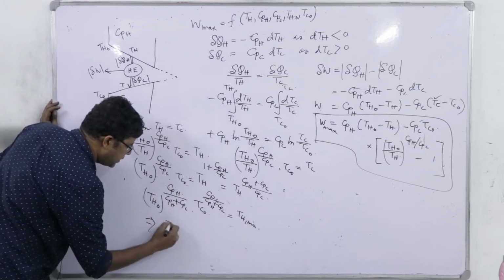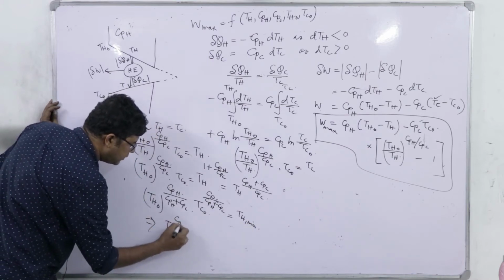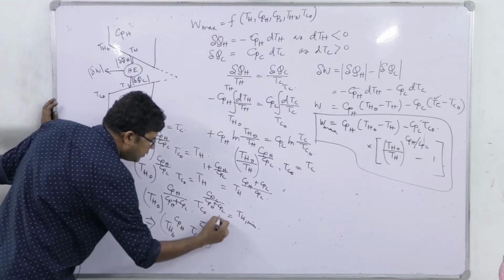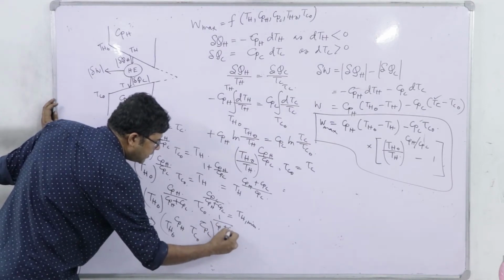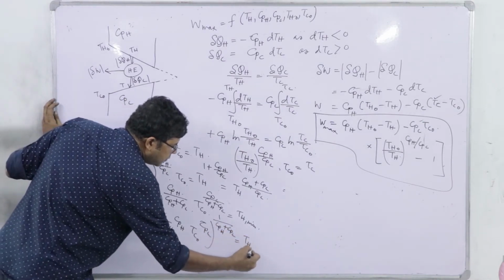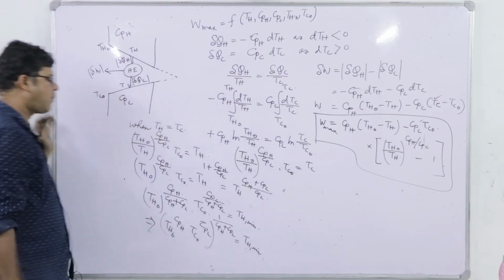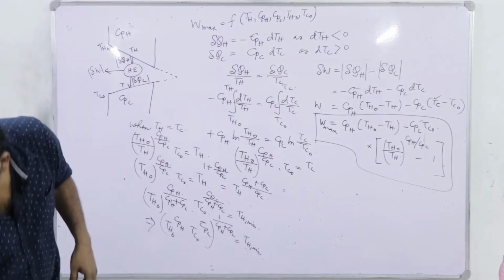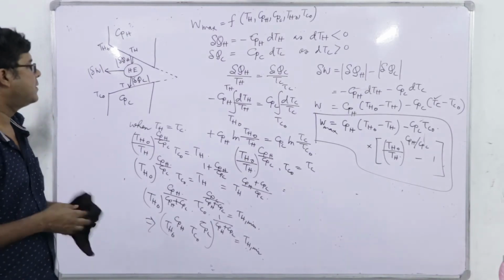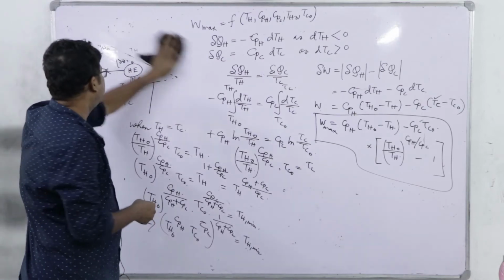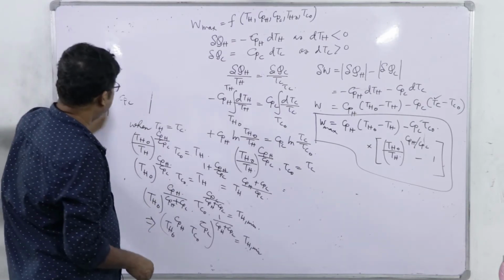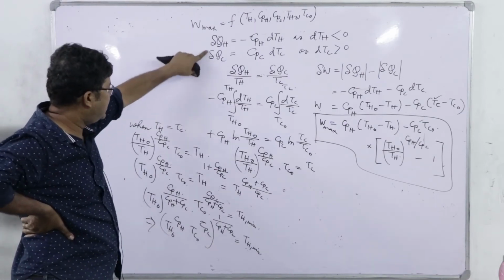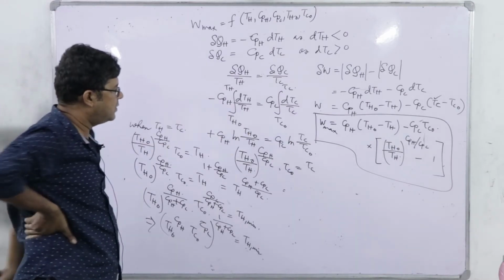In compact expression, (TH naught to the power CPH, TC naught to the power CPC) whole to the power 1 divided by CPH plus CPC equals TH min. Right. So, those are the two answers of the question. This is a bit conceptual, try to understand the basic formalism we have used, this is the crux, and actually this integral, and from there the calculation.